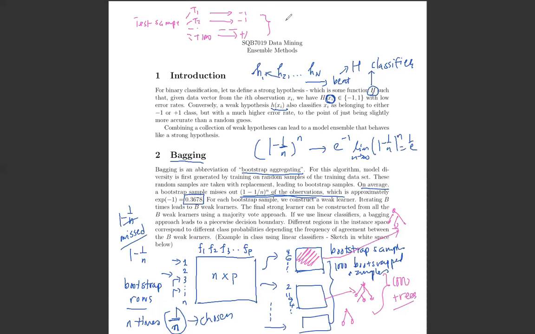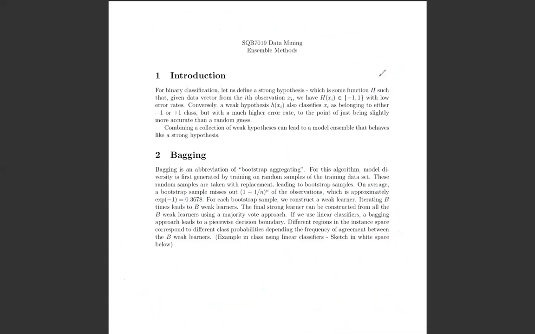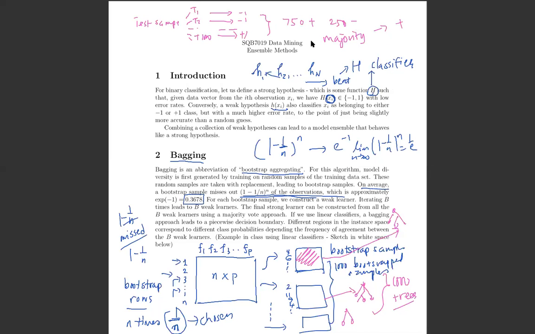So altogether, let's say there are 750 plus and 250 minus. So you go for the majority, so you predict as plus. So you basically use large numbers of weak learners, and then you collectively use their strength to make a decision. So this is the idea of bagging.